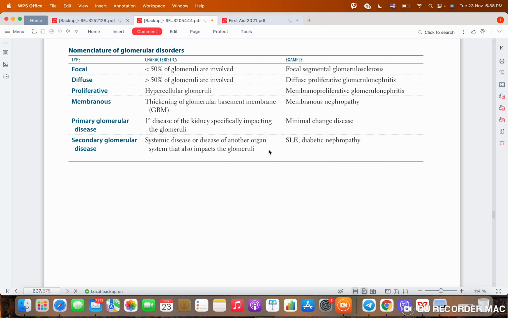Lupus is an autoimmune disease, but it can affect other systems such as the kidney. Remember, lupus hits two organs, the heart and the kidney. Can someone remind me what lupus leads to inside of our heart? It leads to one pathology in the heart. Sterile endocarditis, that is correct.